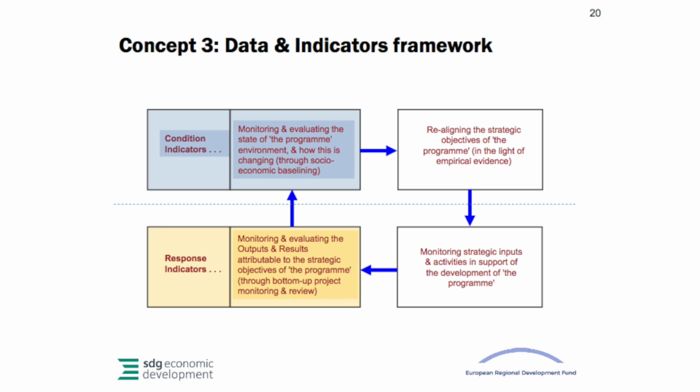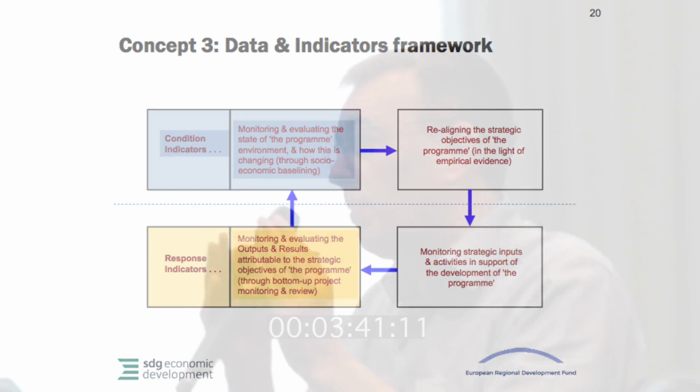Because the problem you have with the way some of your programs are set up is they're nice programs, but they very quickly become fossils. They become appropriate at the time they were designed. The world moves on. Strategic objectives are not quite what they should be because we've not been able to update them.